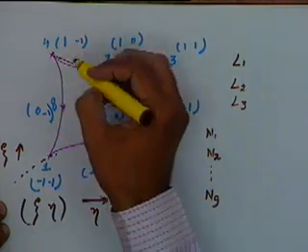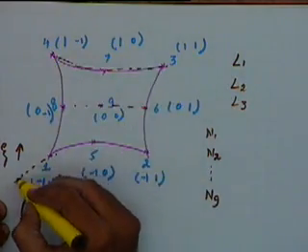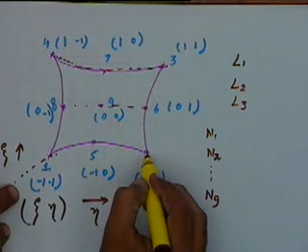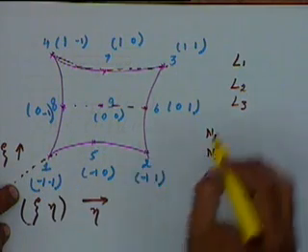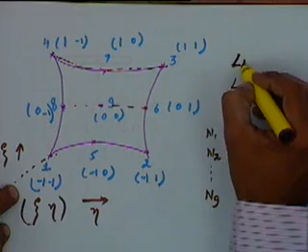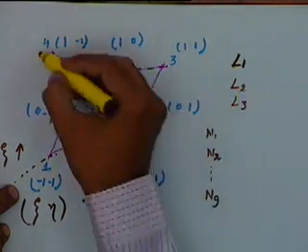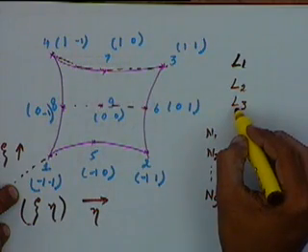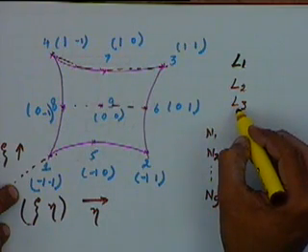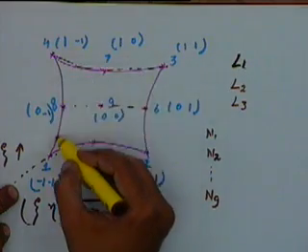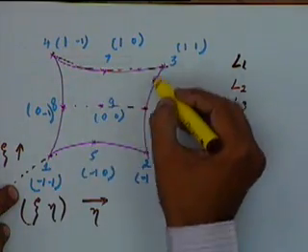That means we will consider this line to correspond to a function L1, this line to L2, and this line to L3. Similarly, we will consider a function along this line, and along this line.